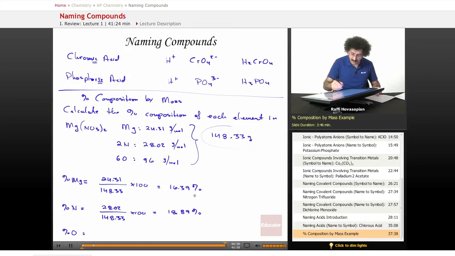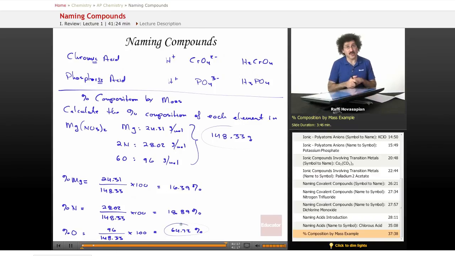We're going to get the same answer. 96 divided by 148.33 times 100, and you end up with 64.72%. So in magnesium nitrate, the majority of the mass is actually occupied by oxygen.